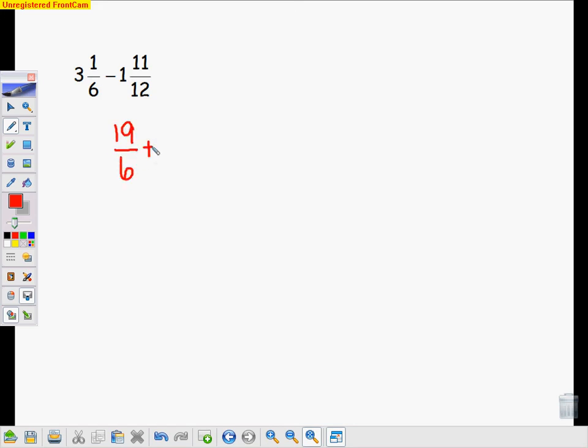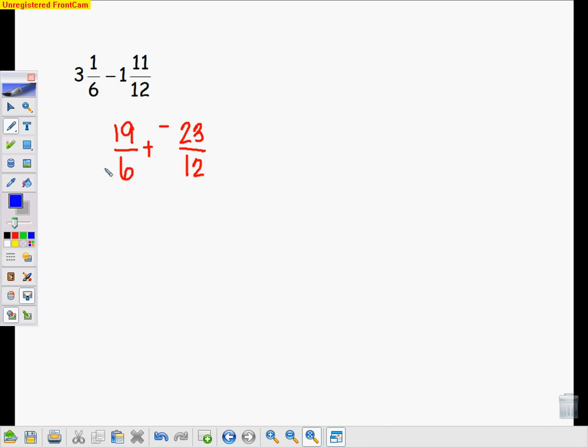I'm going to change this to plus a negative. Now, don't worry about the negative when you do that. Just change 1 and 11 twelfths. 1 times 12 is 12, plus the 11 gives us 23 over 12. Okay, common denominator is going to be between 6 and 12, 12.